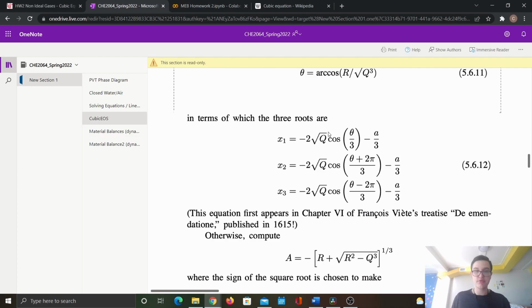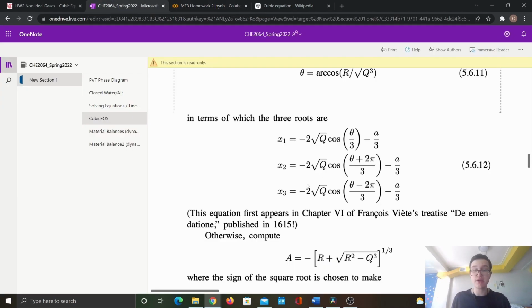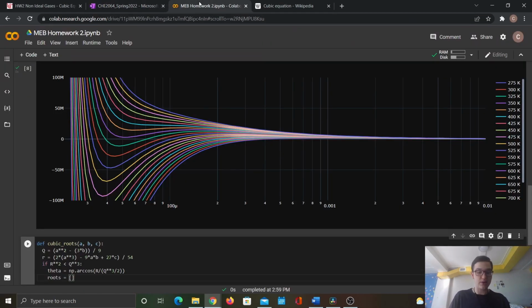And then the 3 roots, so we can now create a variable called roots, which is equal to an array of 3 values. Notice how all of these have negative 2 times the square root of q in front of them, so we're going to put this outside of the array: negative 2 times q to the power of 0.5.